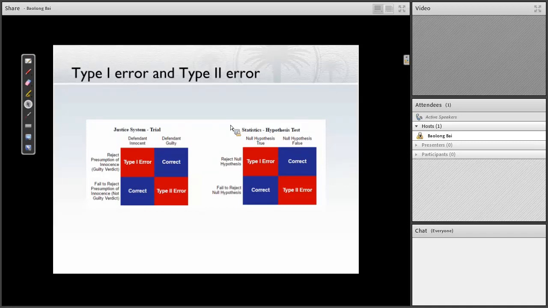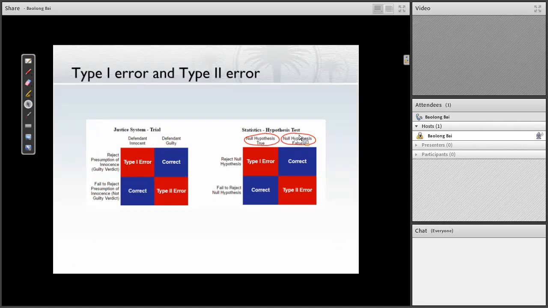In a hypothesis test, we're going to have a null hypothesis stated. The null hypothesis could be true, it could be false. That's in nature. Any claim being made could be a true claim or a false claim, depending on how the claim is made, right?